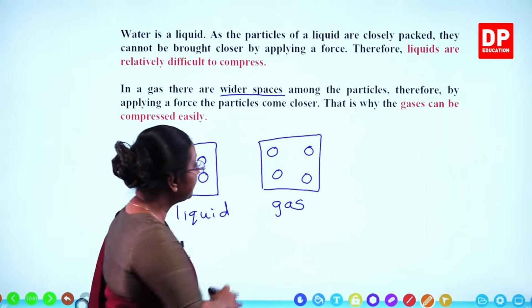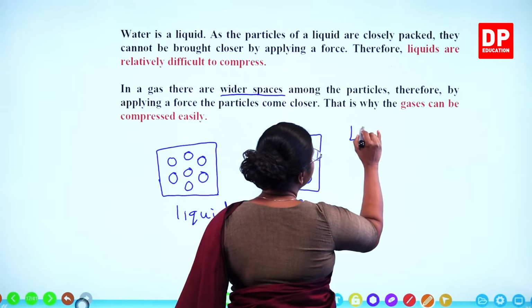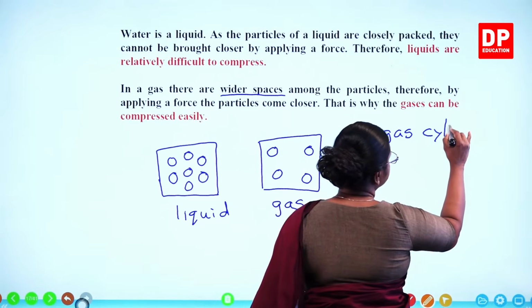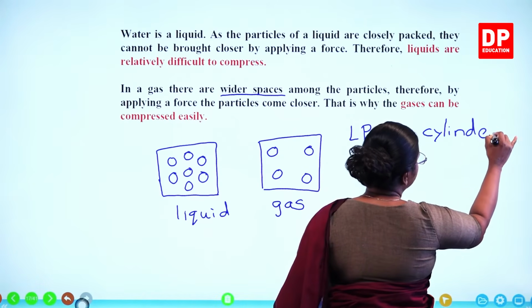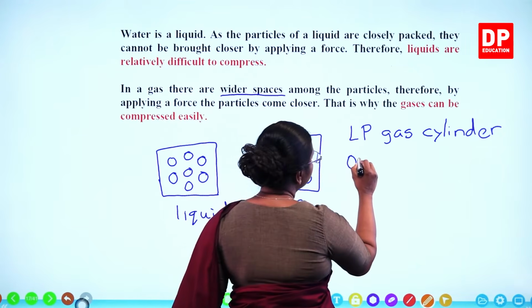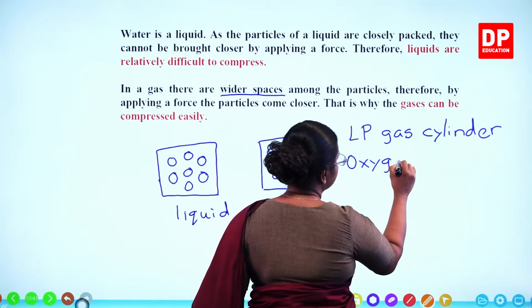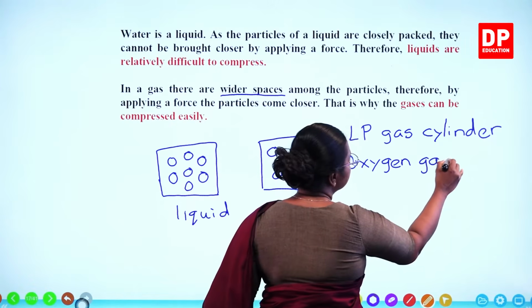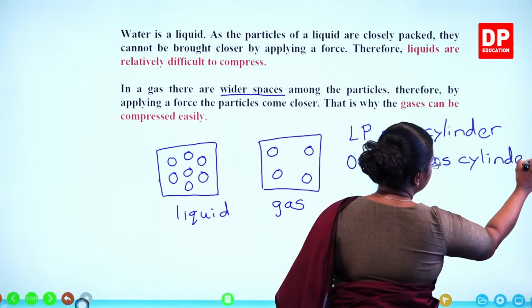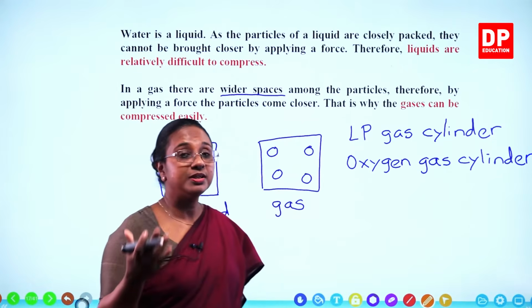As examples, I told you about LP gas cylinders. In that, the LP gas is compressed into the cylinder. Then you know about oxygen gas cylinders, used in hospitals, by divers and mountain climbers.